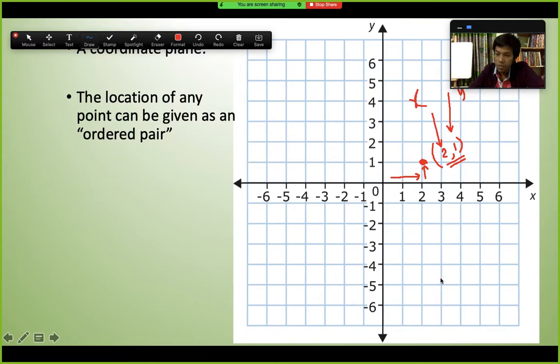If you write something like 3, minus 2, this is the ordered pair, and always the first value will be x, the second value will be y. That's why it is an ordered pair. So where is this 3, minus 2? Can you locate it here?